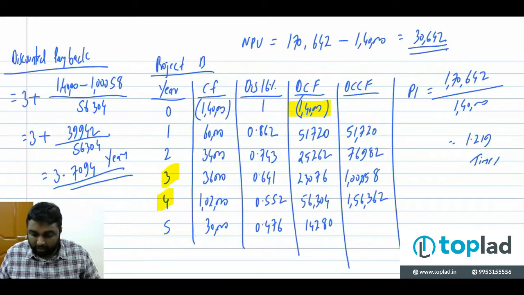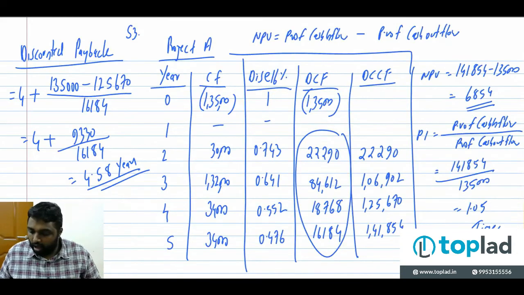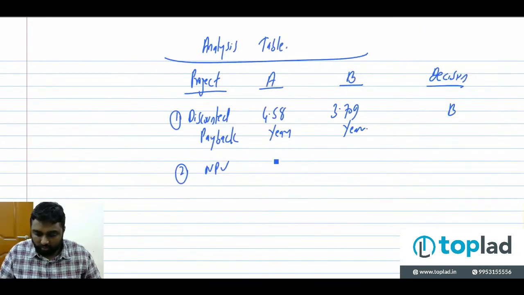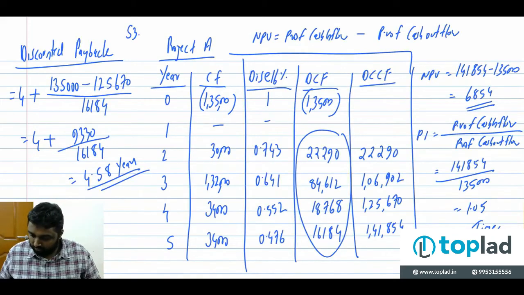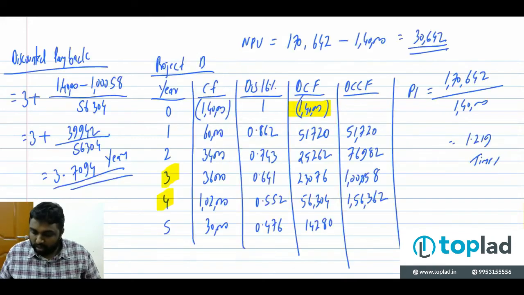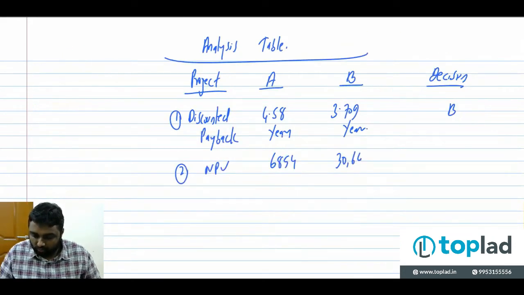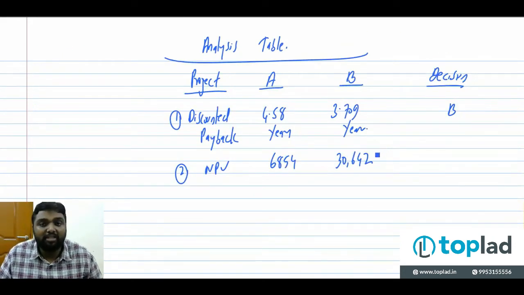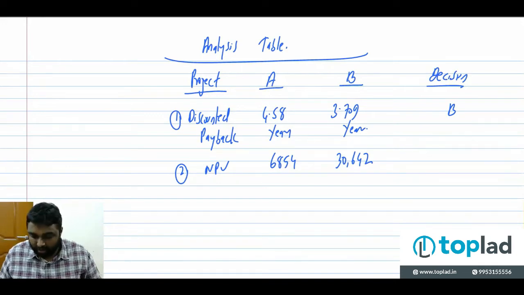Next NPV, you will have 6854 and 30,642. We know NPV is what? Higher the NPV, better the option.